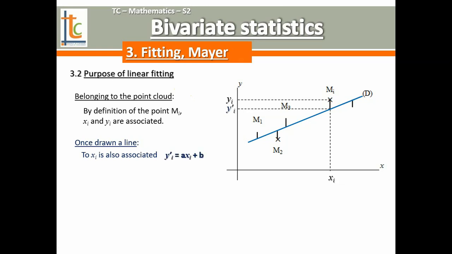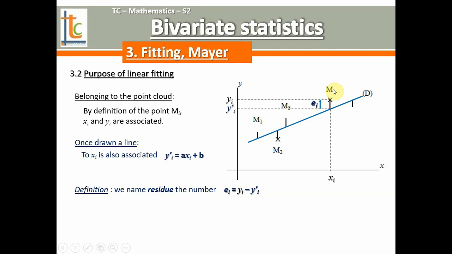So y prime equals ax plus b, in French notation again. And so we are able to define our residue as the difference between y and y prime. On the graph, it is the little vertical distance between the point and the line.